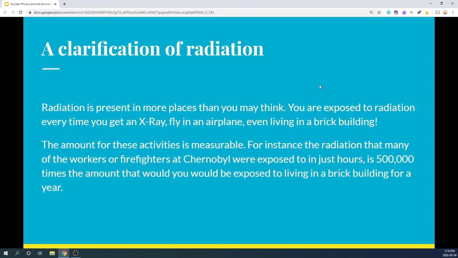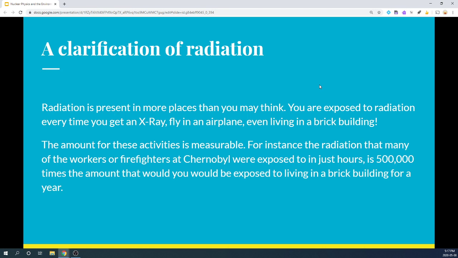Just a clarification, when we talk about radiation, it's actually present in far more places than you think. You're exposed to it every time you get an X-ray, every time you fly in an airplane. It's even been measured that if you live in a brick building, you are exposed to a measurable amount of radiation.